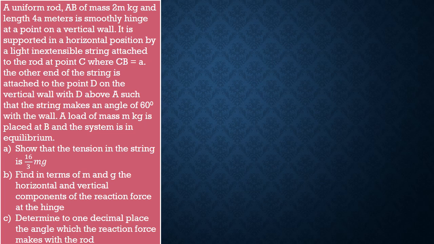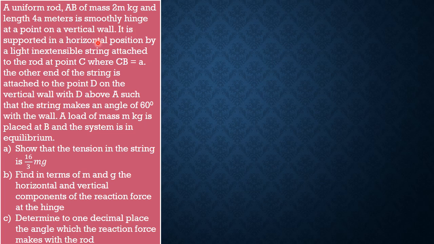Awesome friends, awesome. All right, let's have the question here. The question is on screen already, and friends, the question reads that a uniform rod AB of mass 2m kg and length 4 meters is smoothly hinged at a point on the vertical wall.